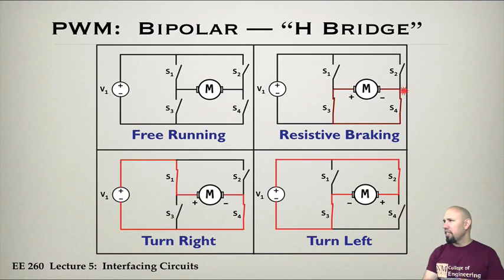When the motor's spinning, it has what's called kinetic energy, and when you hook in a resistor like this, the resistance in this loop is enough to dissipate energy so that you can actually brake faster. In this configuration, friction in the system will cause the motor to eventually stop. In this configuration, you not only have the friction, but you also have the resistance that also dissipates energy.